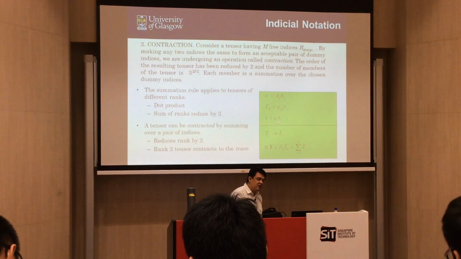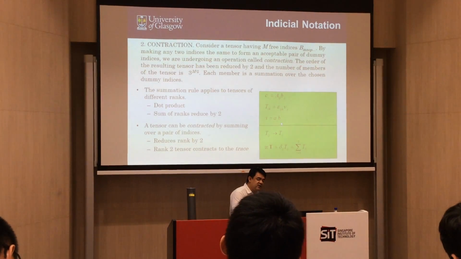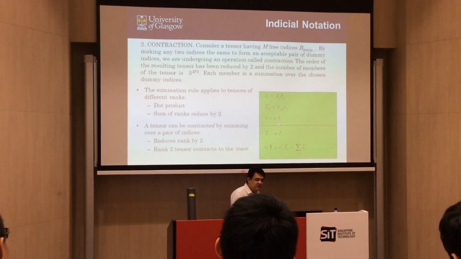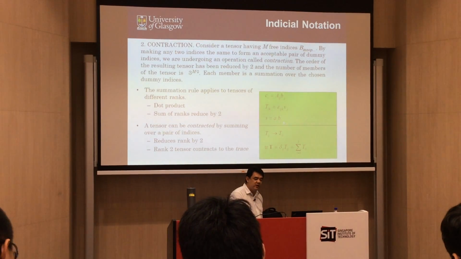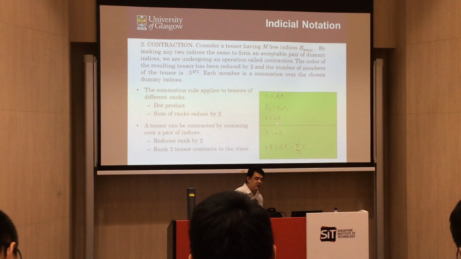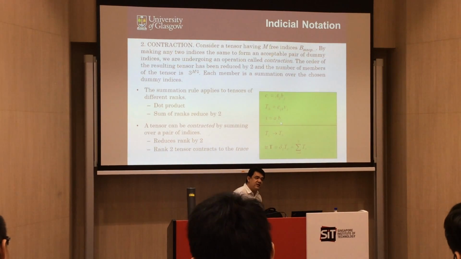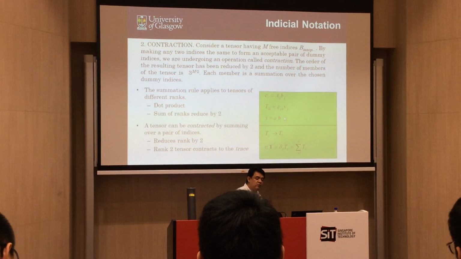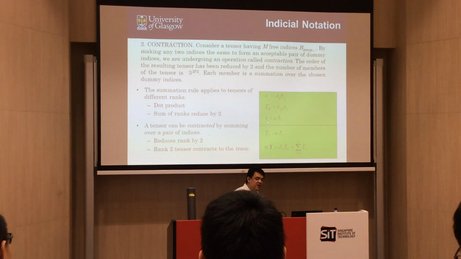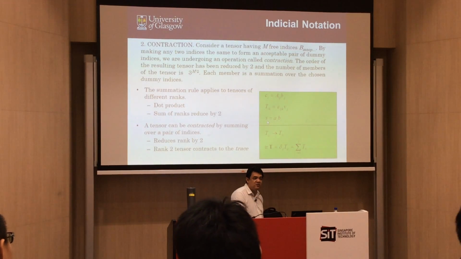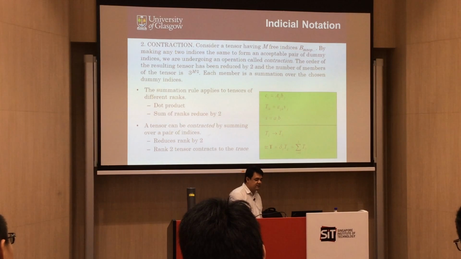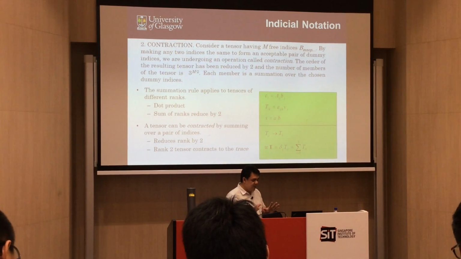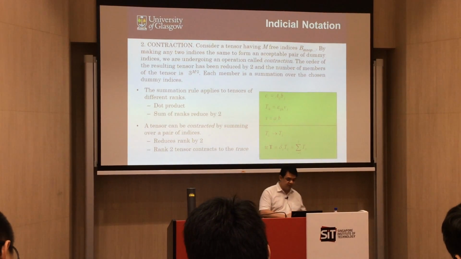As you can see, it has a dummy index, ii. So 1, 2, that is 2 now. The order is supposed to be 2, but since these are repeated, you reduce 2. So 2 minus 2, so the order now is 0. So as you can see here, this is now a scalar. Rank 0. Okay, so that's the principle of contraction.